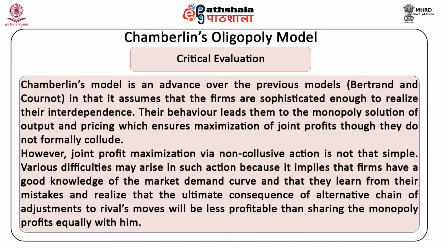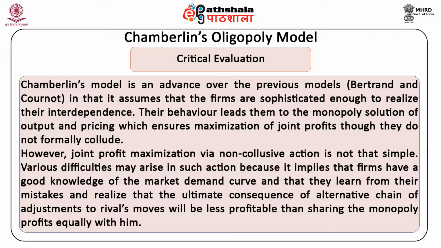Their behavior leads them to the monopoly solution of output and pricing, which ensures maximization of joint profits, though they do not formally collude. However, joint profit maximization via non-collusive action is not that simple.